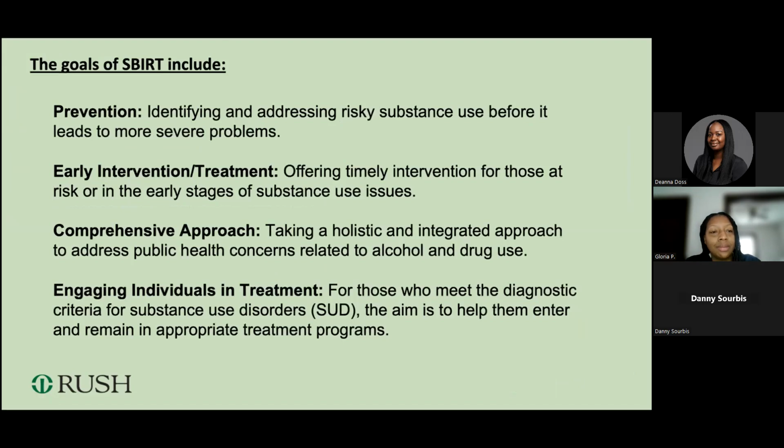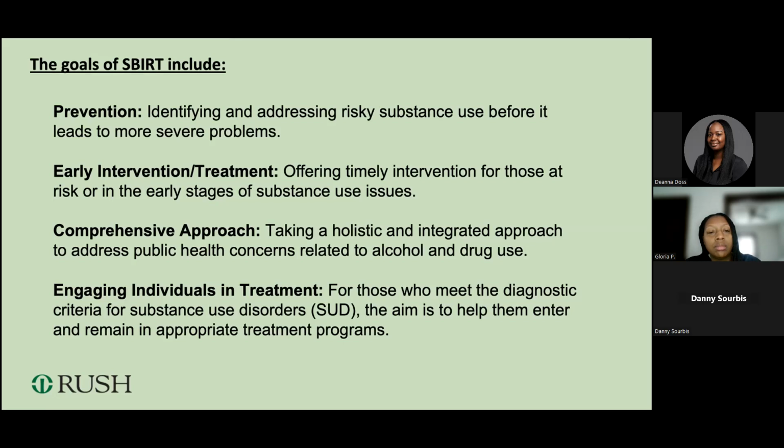So what are some of the goals of SBIRT? So it's for prevention, early intervention / treatment, comprehensive approach, and engaging individuals in treatment. So with prevention, you are identifying and addressing risky substance use before it leads to more severe problems. With early intervention, you're offering timely intervention for those at risk or in the early stages of substance use issues.